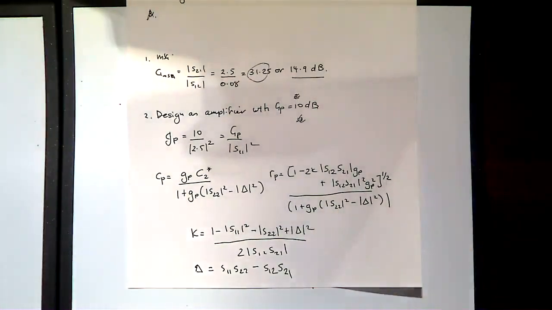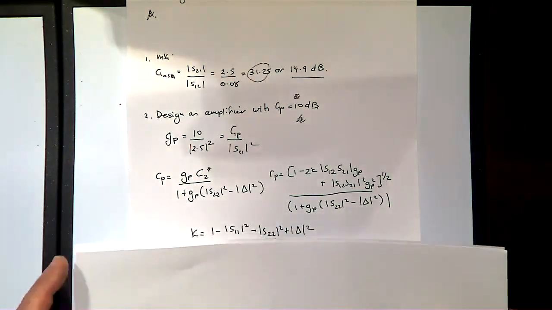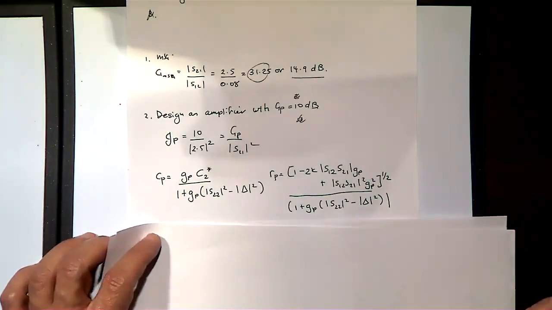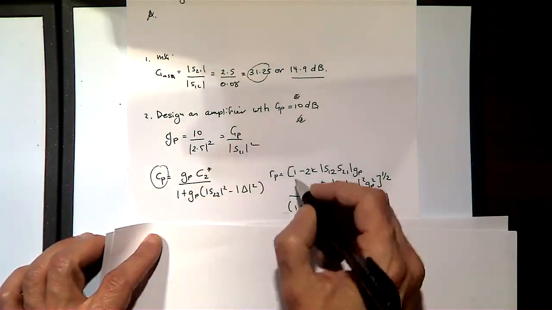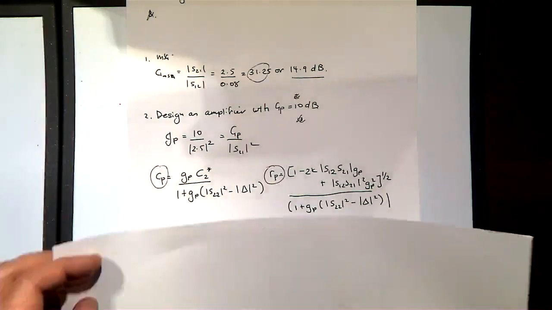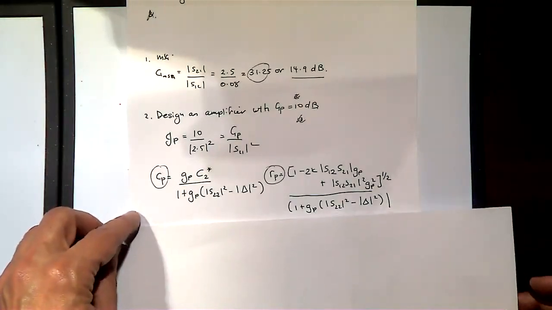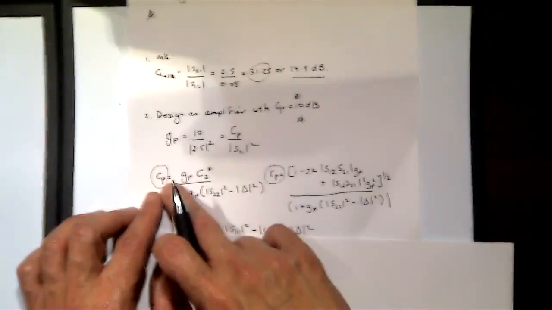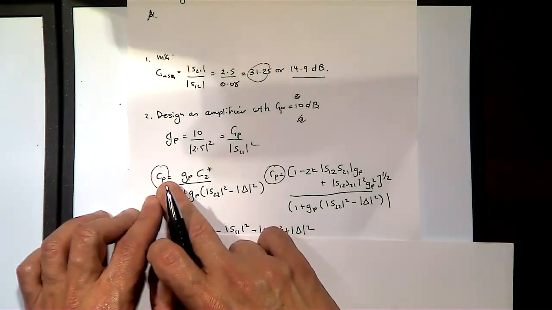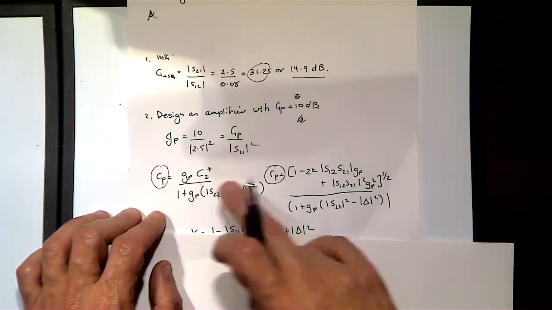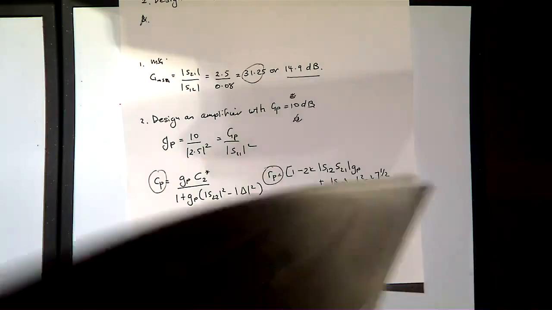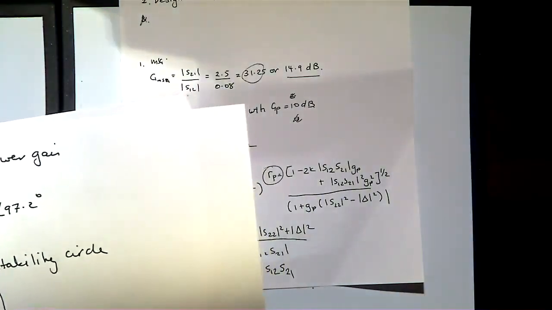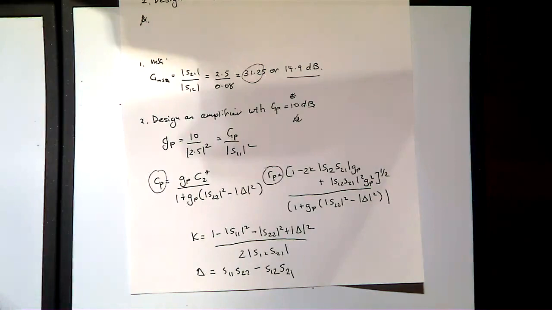Okay. Now you can do a little bit of arithmetic, and you can work out the center, CP, and RP. And what else do we need to do? So we've worked out, if we want to achieve 10 dB gain, we know where that point is. The center of that circle is going to be at CP, and the radius is going to be at RP. All right, and I believe I've actually calculated it somewhere.